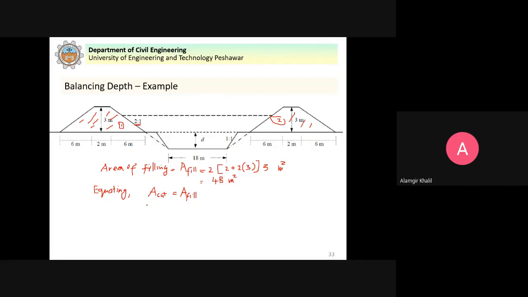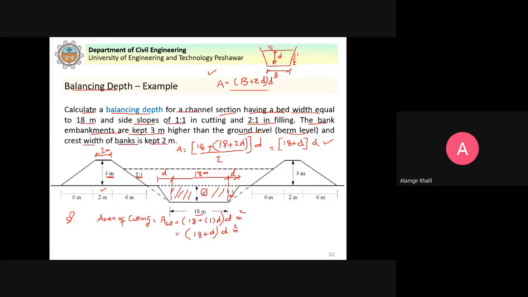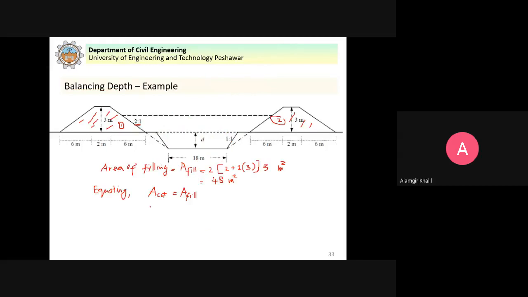What was the area of cut? 18 plus D into D. So this is 18 plus D into D, and this is equal to 48.